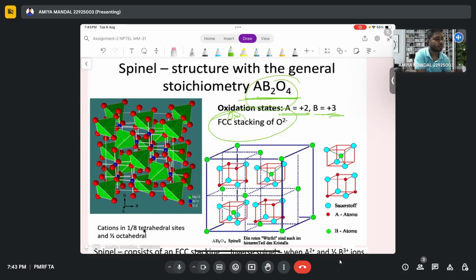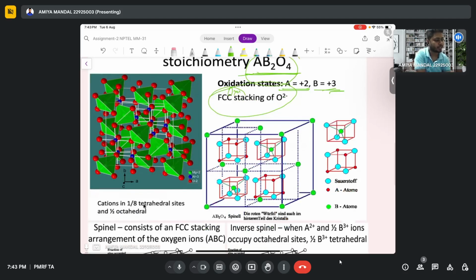FCC stacking, as we already told: if we consider this as a unit cell, 8 unit cells are needed to complete an AB2O4 structure. You can see how oxygen atoms are arranged for magnesium aluminate, with plus 2, plus 3 and minus 2.